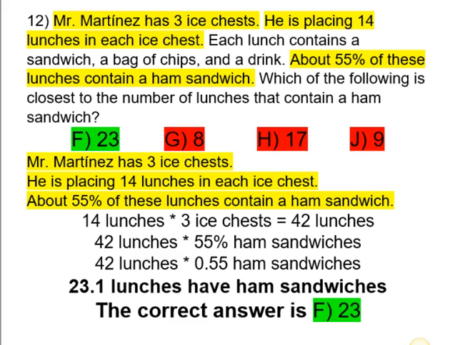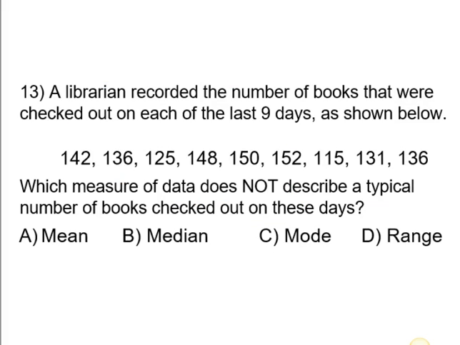Let's move to question number 13. A librarian recorded the number of books that were checked out on each of the last 9 days as shown below: 142, 136, 125, 148, 150, 152, 115, 131, 136.